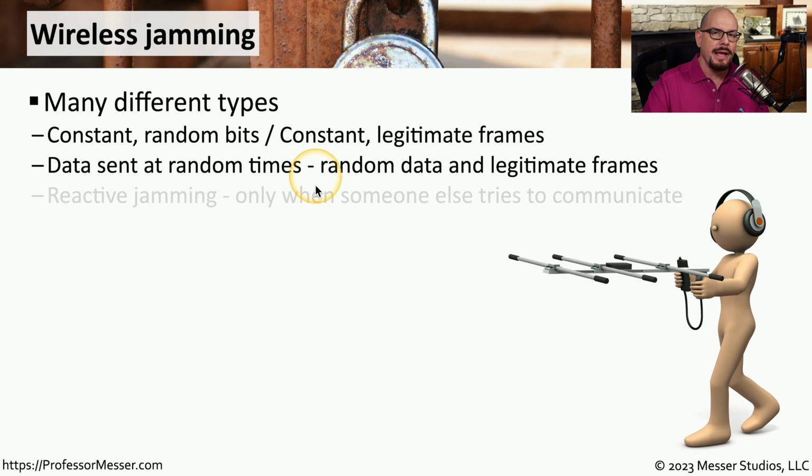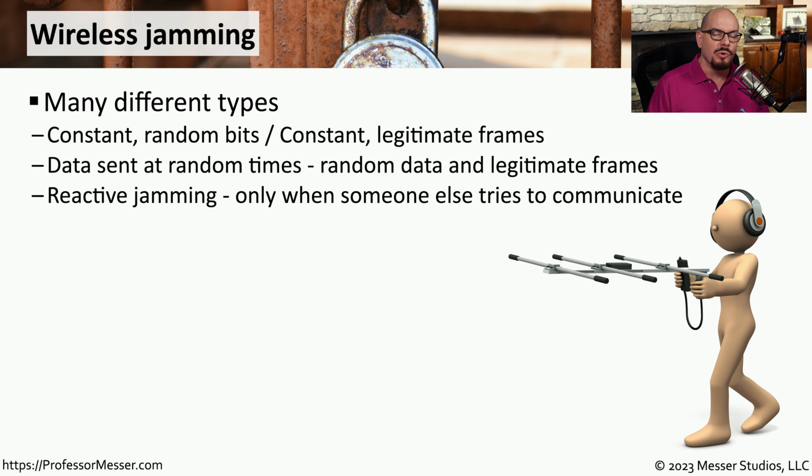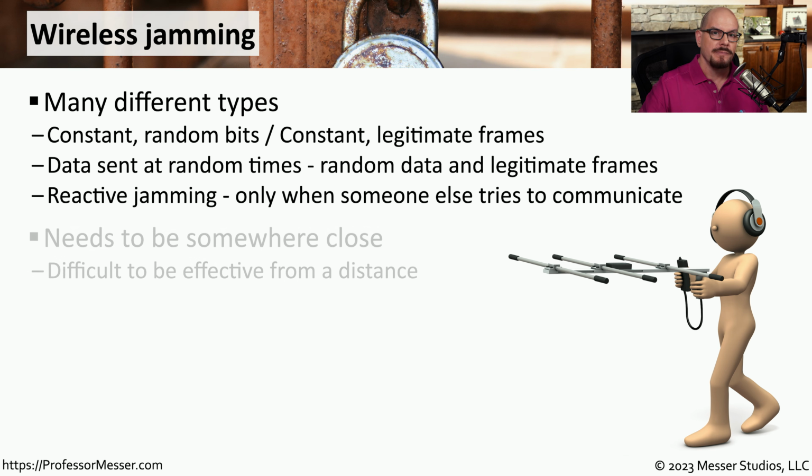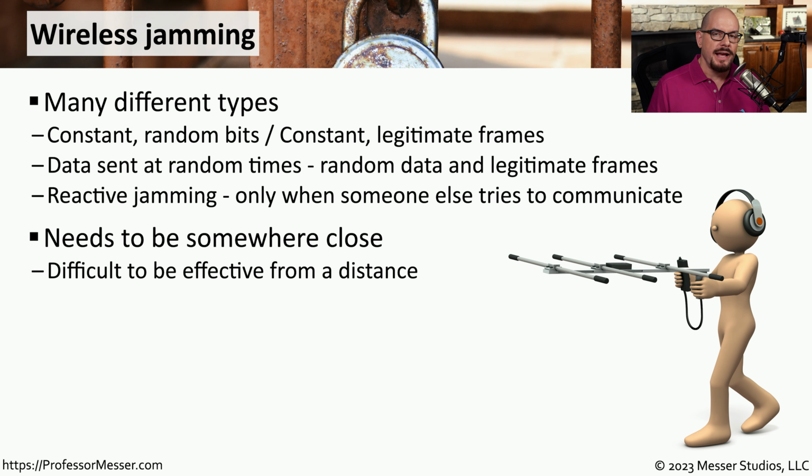And this might be more of a reactive jamming. Normally, when the network is quiet, there's no jam signal to see, but as soon as someone tries to communicate with the access point, the attacker turns up the volume and makes it impossible for anyone to communicate on this wireless network.